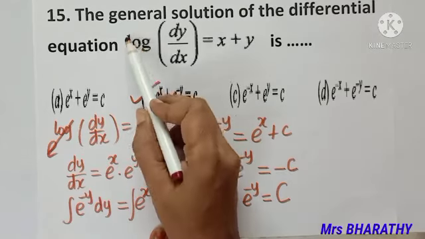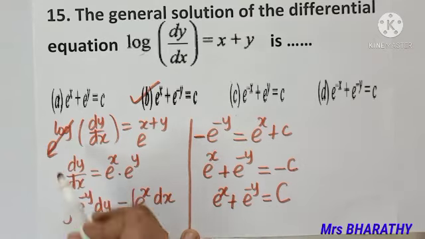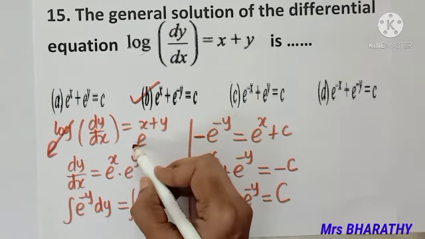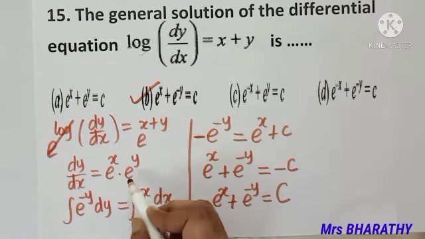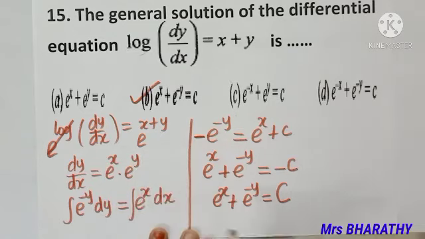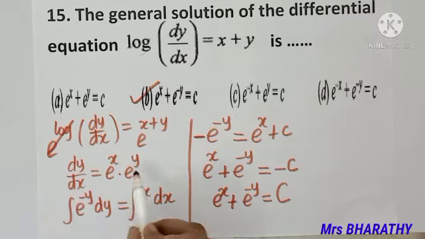Let us quickly recall the problem. Because I don't want logarithm, I raise to e power. E power log cancels. RHS we have plus symbol in the power. E power x plus y can be split as e power x into e power y. Separating the variables, e power plus y comes to the left as e power minus y.